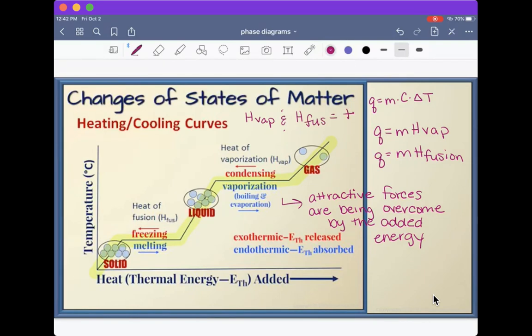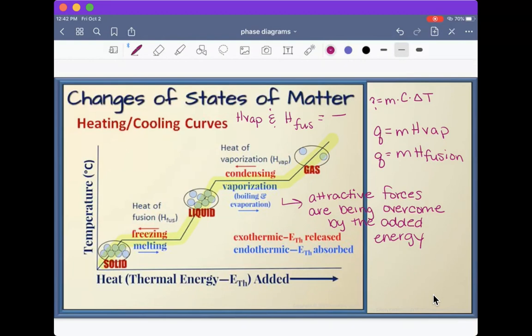So that number associated with the substance is going to be positive. But if I follow the graph in the opposite direction, so if I'm approaching the graph in this direction and I'm going backwards, my values for my heat of vaporization and my heat of fusion are going to be negative. So that's the takeaway from these graphs.